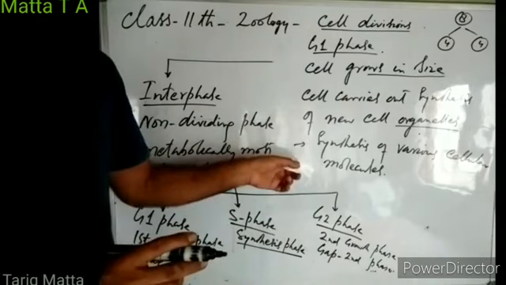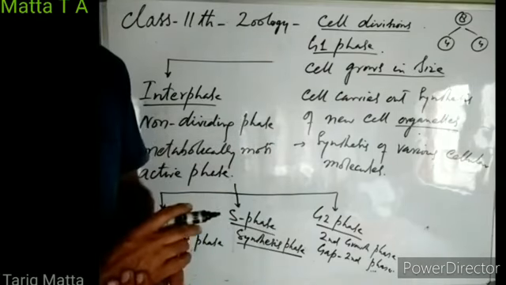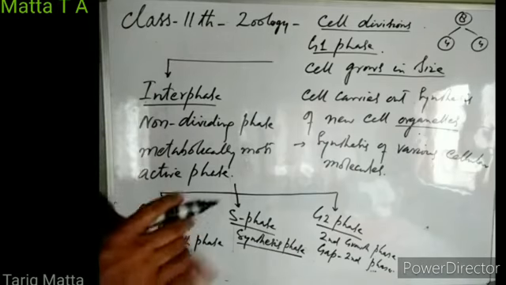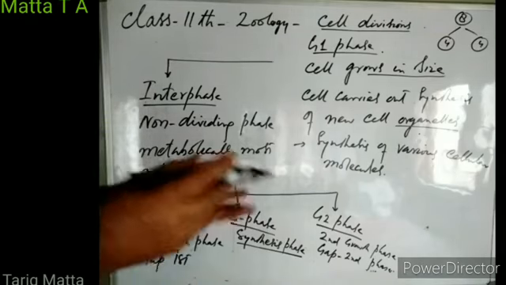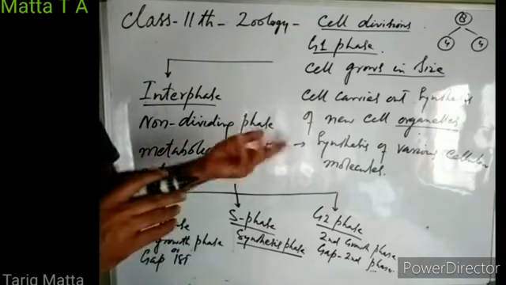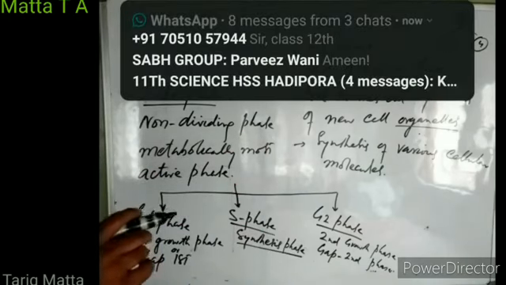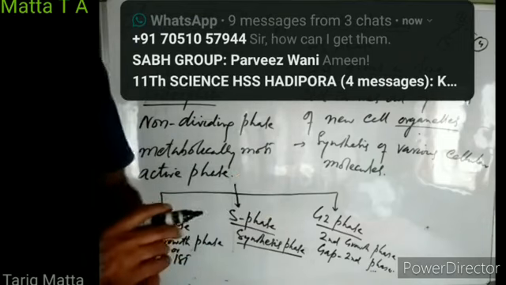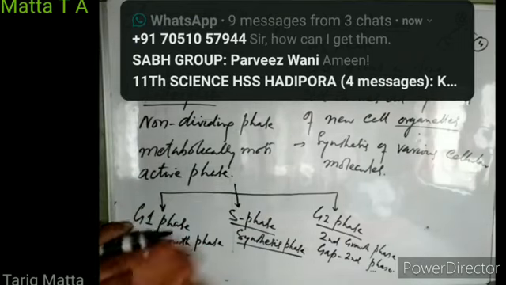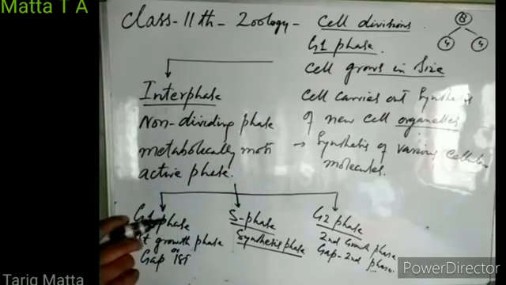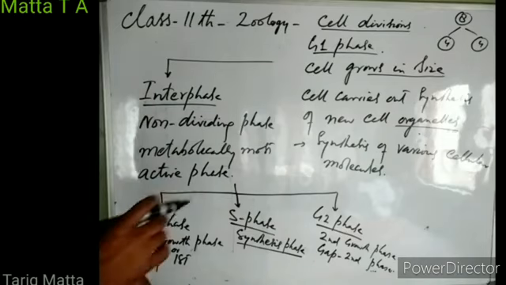So in the first growth phase, the cell carries out synthesis of cytoplasm. It carries out synthesis of proteins, lipids, and carbohydrates. So it increases its cytoplasmic contents so that the cell is self-sufficient in all the cytoplasmic contents.